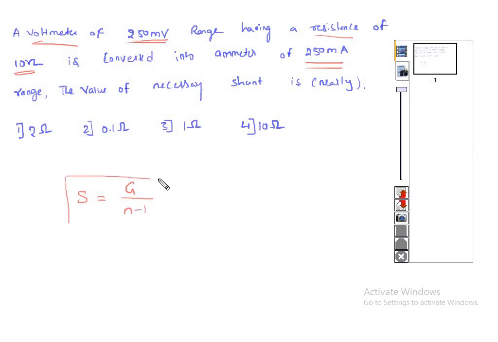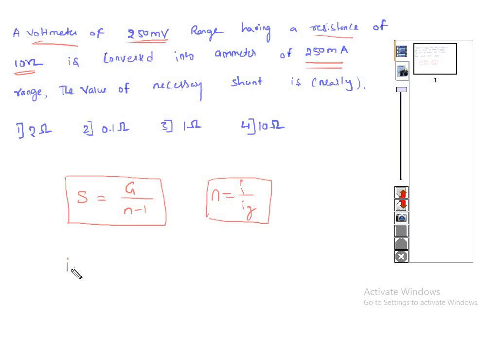This is one of the important formulae we'll be using in most of the cases. And n is equal to I by Ig, where Ig means galvanometer current. I he has given as 250 milliampere; Ig you need to find.